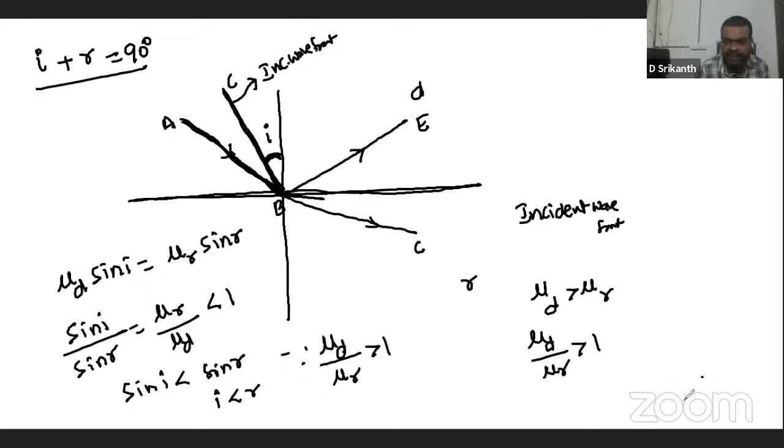Similarly, here I am having a refractive medium. Suppose I interchange the mediums, and the light ray is coming from rarer to denser, then we can prove that I is greater than R. The refracted ray will be greater.